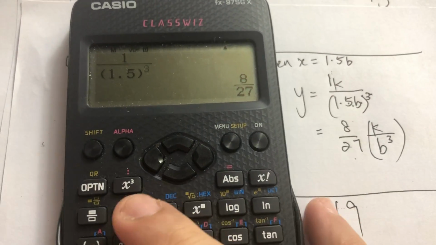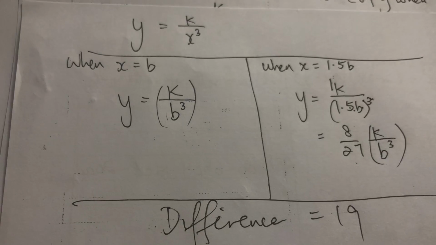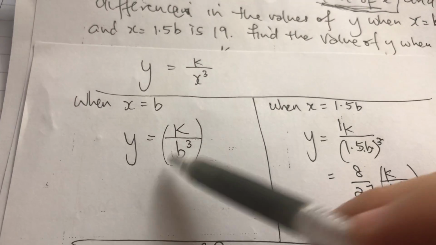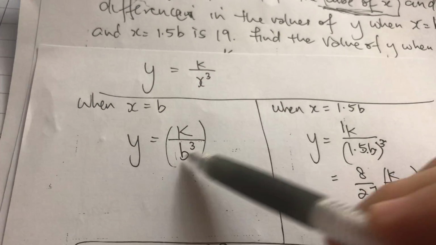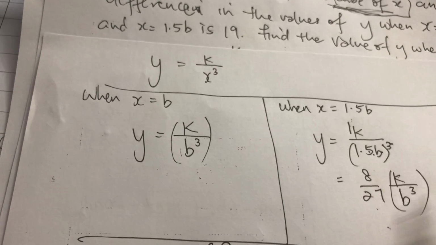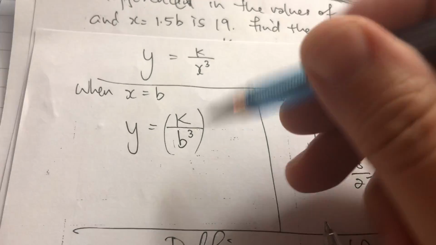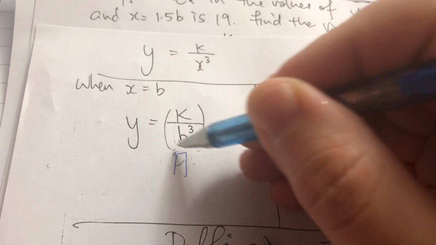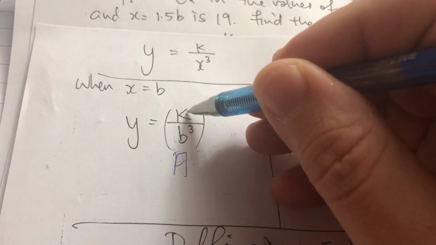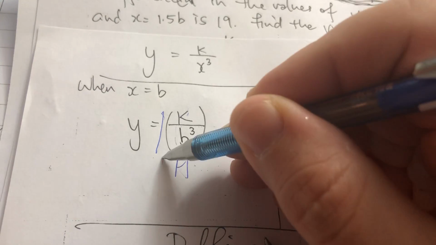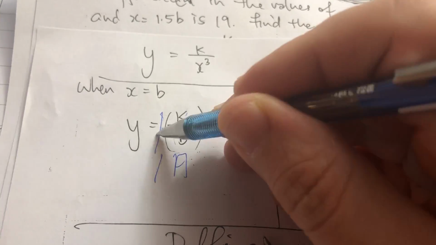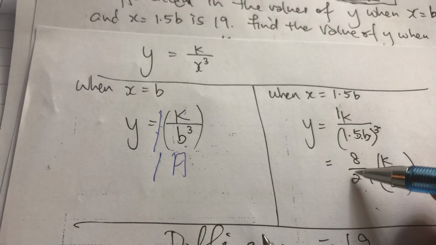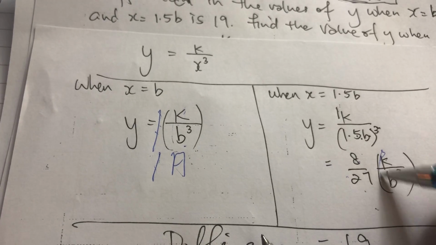Okay, now you have these two answers already. It may look very strange or complicated to you, but you can just think of this as A. This whole thing can be A, but don't write A. This whole thing is just like 1A. One of this thing, and this is 8 over 27 of this thing.